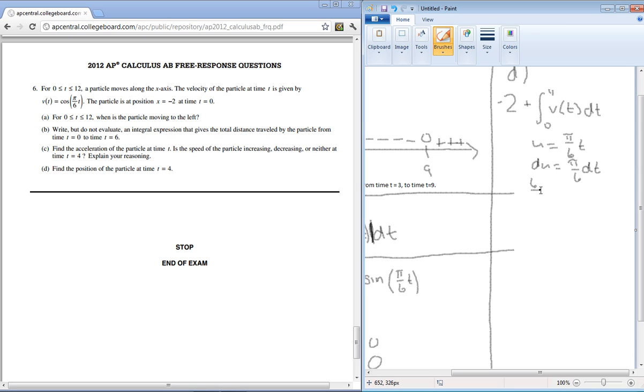So we have to multiply both sides by 6 over pi. So now we have that 6 over pi du equals dt. So now we can put this into here. But what you want to do is take the constant and move it outside of the integral. That's just how things go. So this is what our integral looks like now.